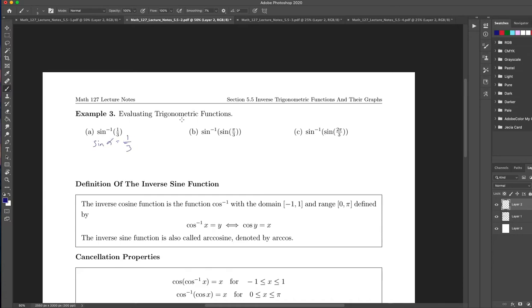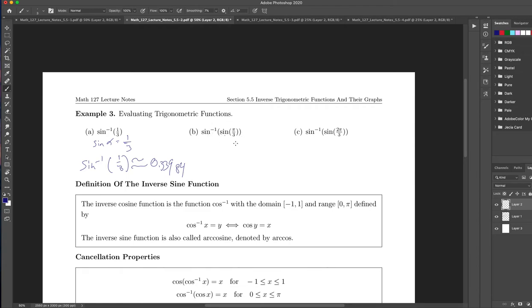No. And so you literally just chunk this through a calculator. You'll have an inverse sine function, then you'll plug in a third, and it'll roughly pump out the answer of 0.33984.